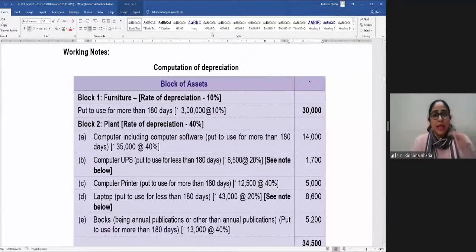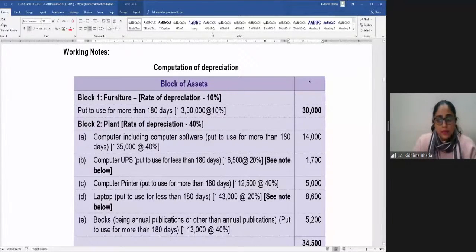In the P&L account I can only take it to the amount I have charged in the P&L. If I have not charged any amount in the P&L, I will not take the income of that on reversal into the P&L. Hence, I would have charged only to the extent of 30 as depreciation in my P&L throughout the years. So now you will say, ma'am, there is a gain of 55.